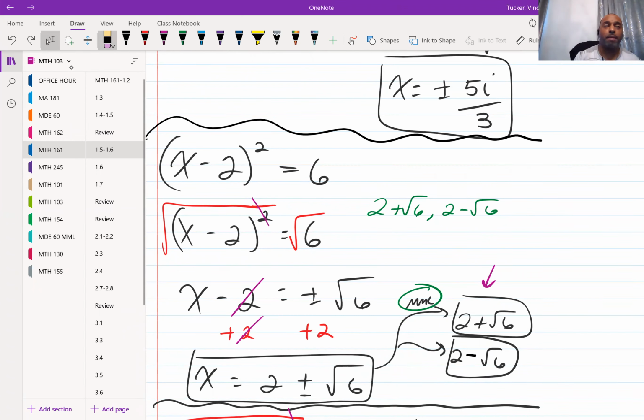Now, I forgot whether my math lab has made it available for you to be able to use a plus or minus sign. If not, then you'll just have to write out both, you know, 2 plus square root of 6 and 2 minus square root of 6.